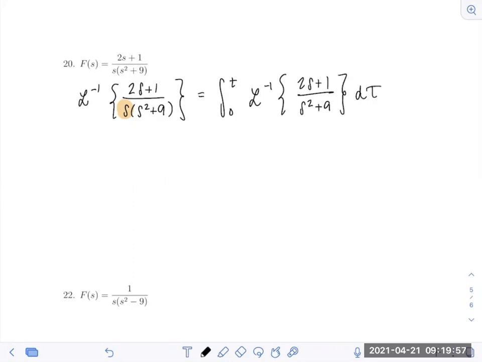d tau. And so what I'm going to do is split this up, and write them in a way that it's going to be easy to find the transform. So I have 2 times s over s squared plus 9 plus 1 over s squared plus 9.